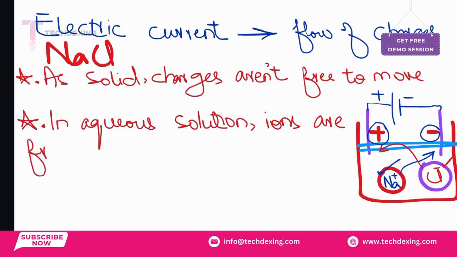So when the ions are free to move, it means that the aqueous solution of an ionic compound, or aqueous solution of a salt, is a conductor of electricity, and this is what we have seen. So we can say that these are the four major physical properties of the ionic compounds.